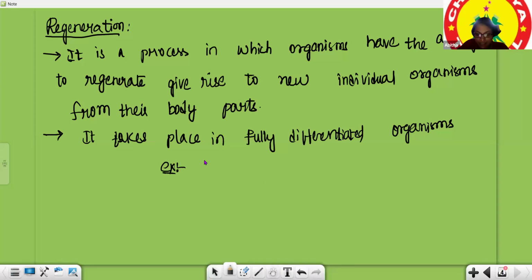It takes place in fully differentiated organisms, for example Hydra and Planaria. So what happens in them?